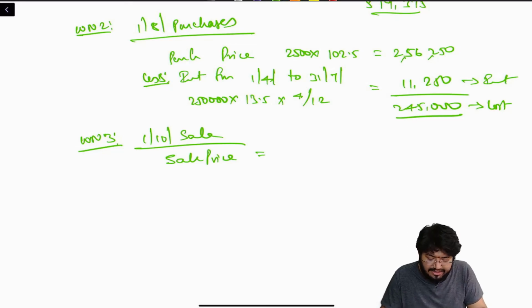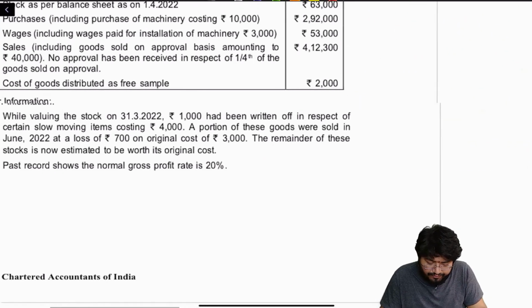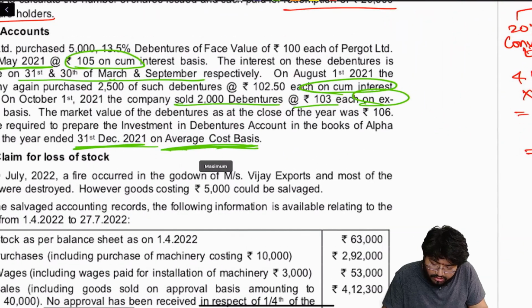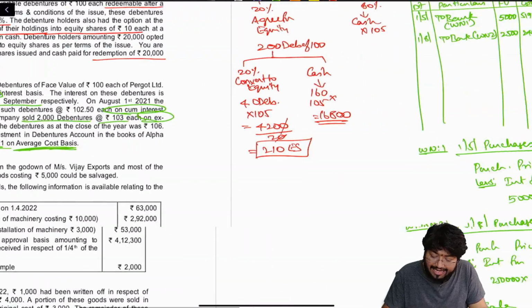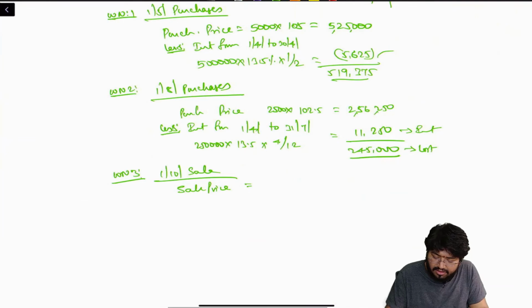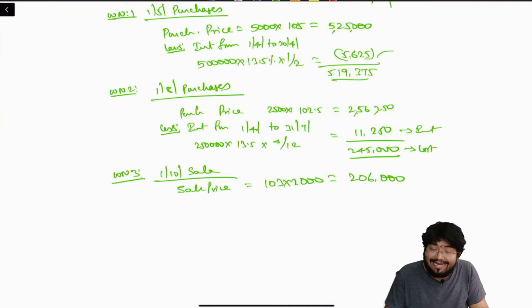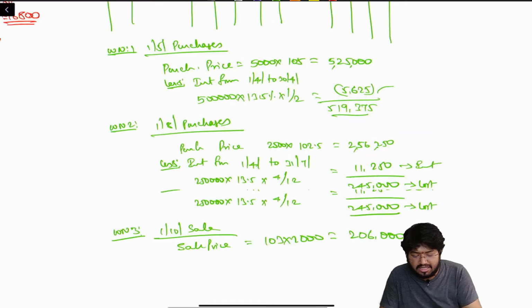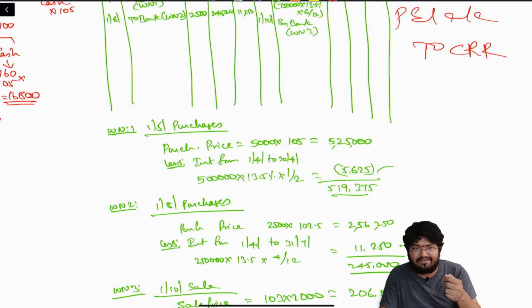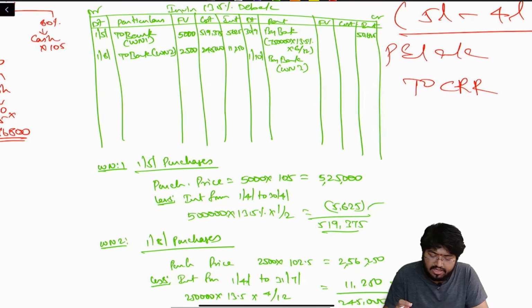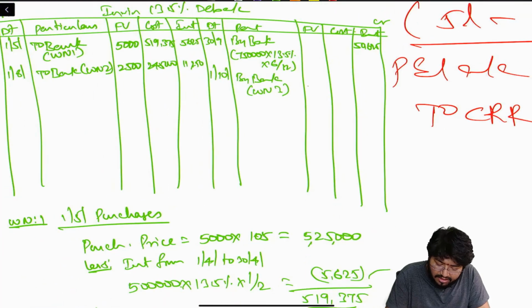For what rate did he sell? He sold for 103 rupees, ex interest price. 103 into 2000, so it's basically 2,06,000. Correct? Yes, sir. And interest, will there be anything? Nothing, because exactly on 30th September you received everything and after that you are selling off. So directly you can take it here. In face value column take 2,000 and in cost column 2,06,000.